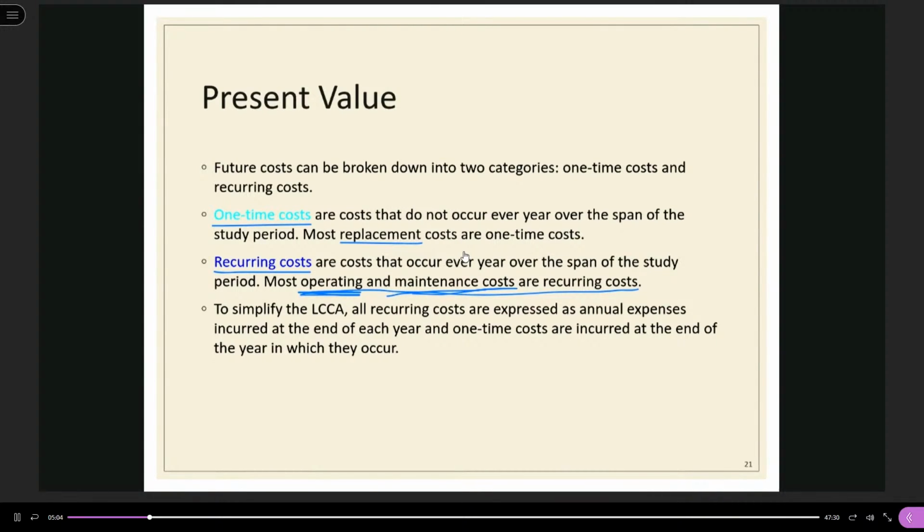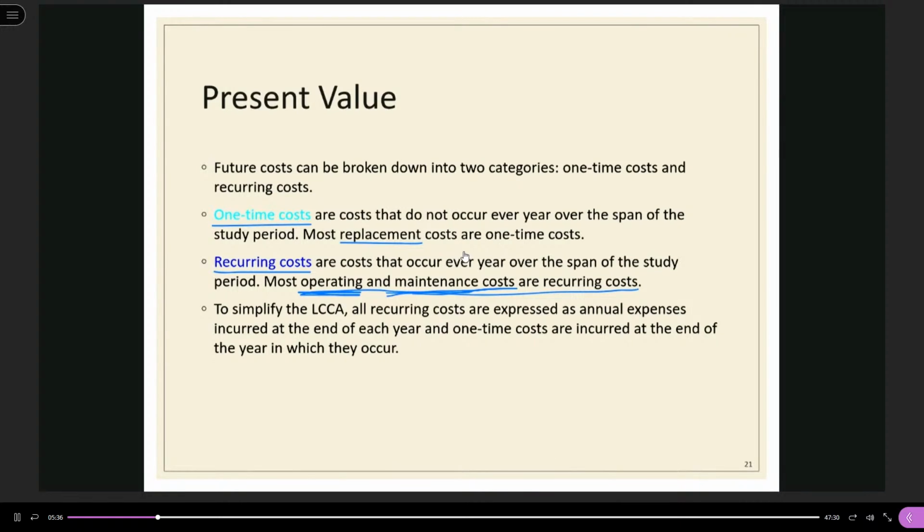To simplify the life cycle cost analysis, all recurring costs are expressed as annual expenses incurred at the end of each year. So for the energy costs, actually we need to pay every month, but to simplify the calculation, we just assume that the whole year's energy cost will be paid at the end of that year.